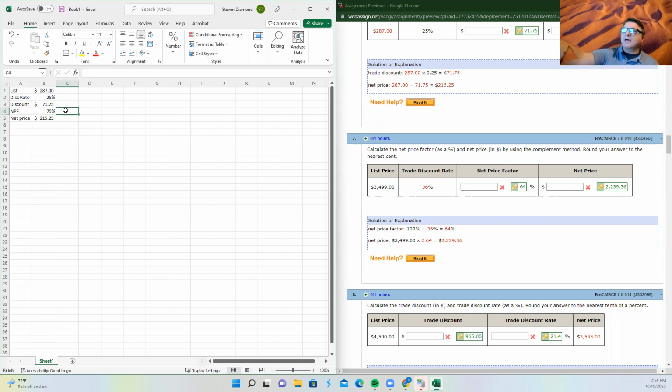We know we took the list price, figure out the discount, subtract the discount from the net price. We know what that is. But if I take my list price and multiply it times my net price factor, I should get my net price again. See, so we just avoid a whole lot of calculation there once we set it up.